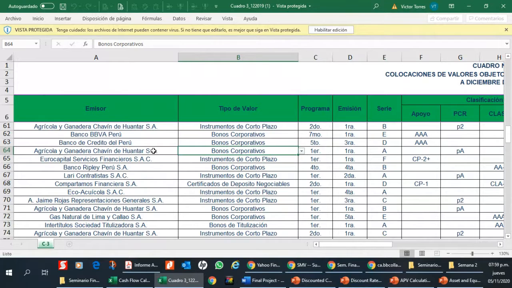And the first company who started that was Agrícola Ganadera Chavín de Huántar. It has a special situation, right? There are right now like 12, 15 companies that have started that issue, Eurocapital Servicios Financieros among them, that issue short-term instruments. Agrícola y Ganadera Chavín de Huántar is also one of the few who have issued corporate bonds.